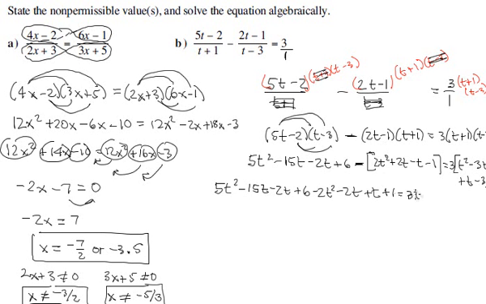And on the right, 3t squared minus 9t plus 3t minus 9. Equals in the center.